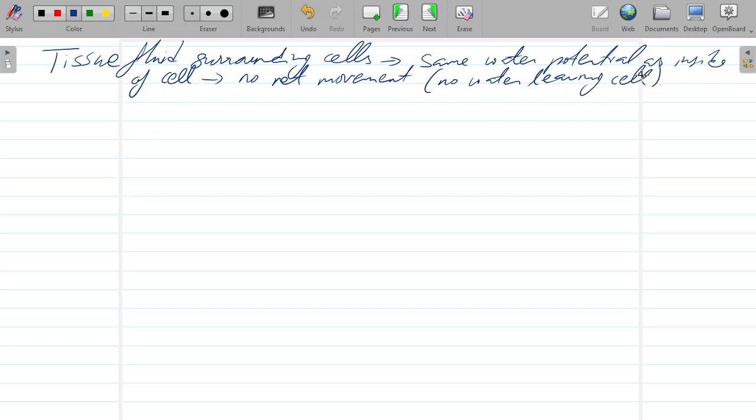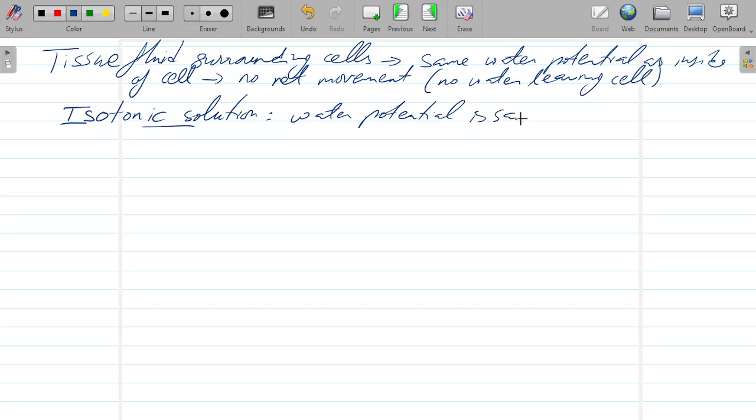In this case, where the water potential on both sides is equal, that kind of solution is called an isotonic solution, where the water potential is the same as the cell.